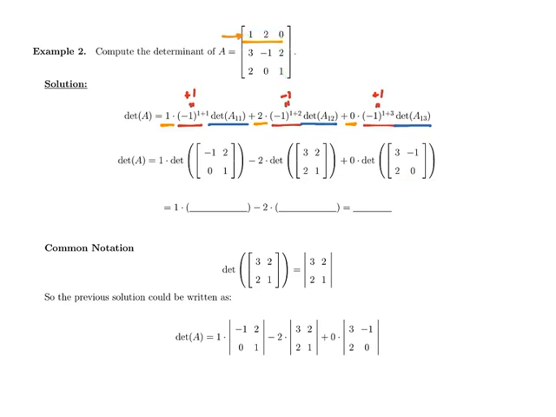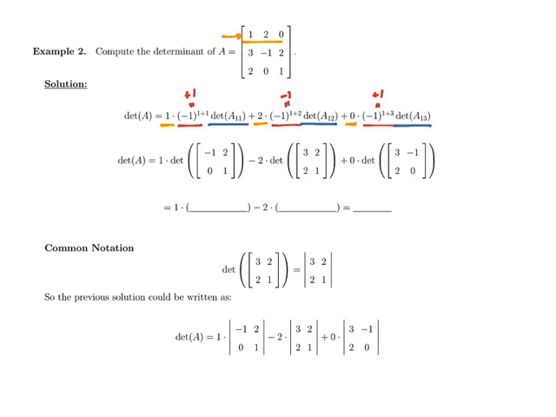So going down to the next step here, we have that the determinant of A we can rewrite as 1 times the determinant of this minor matrix minus 2 times the determinant of the next minor matrix plus 0 times the determinant of the third minor matrix. And now we know how to find the determinant of a 2 by 2 matrix is AD minus BC.